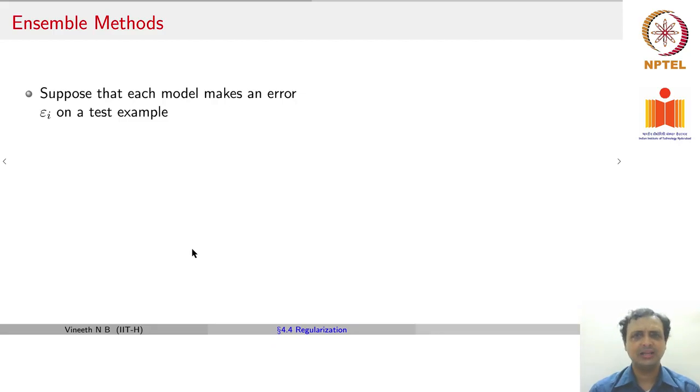Now let's try to analyze why this can be useful. Suppose each model makes an error epsilon_i on a test sample.